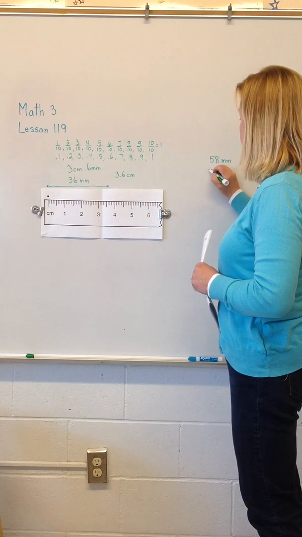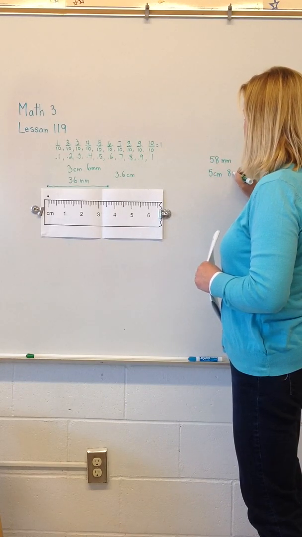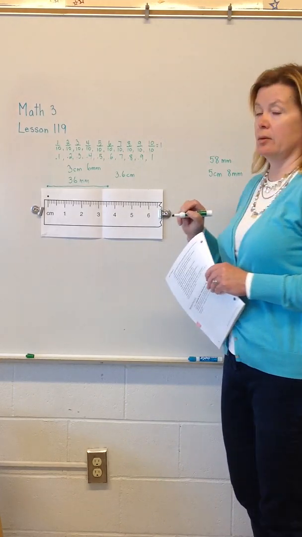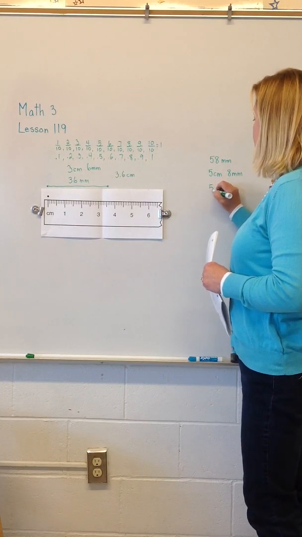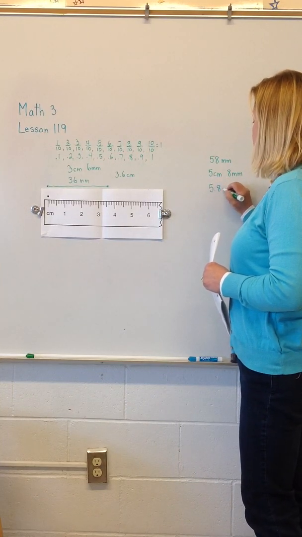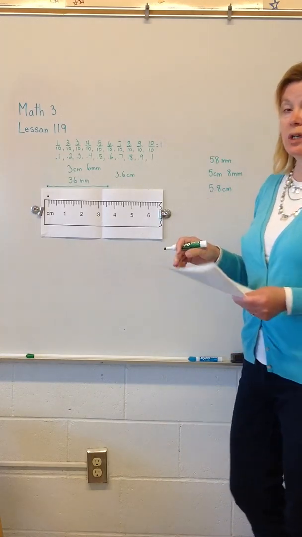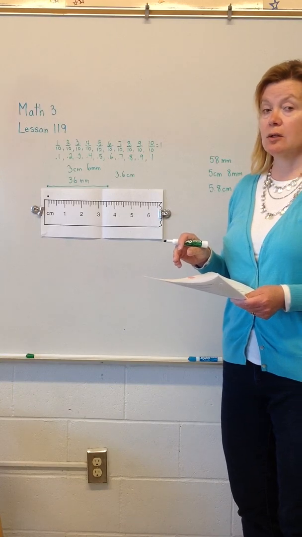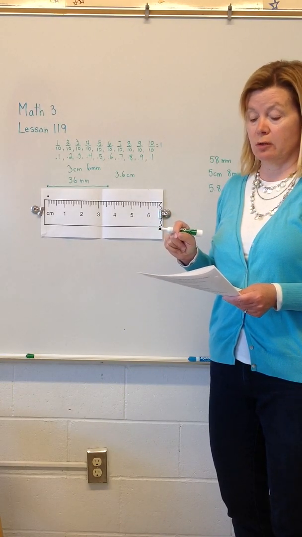To write it in centimeters, we would say 5 centimeters, 8 millimeters. And how would we write it with a decimal? 5.8 centimeters. That was for question 3. If you need time to do that, just put this on pause and then come back to it to do question 4.